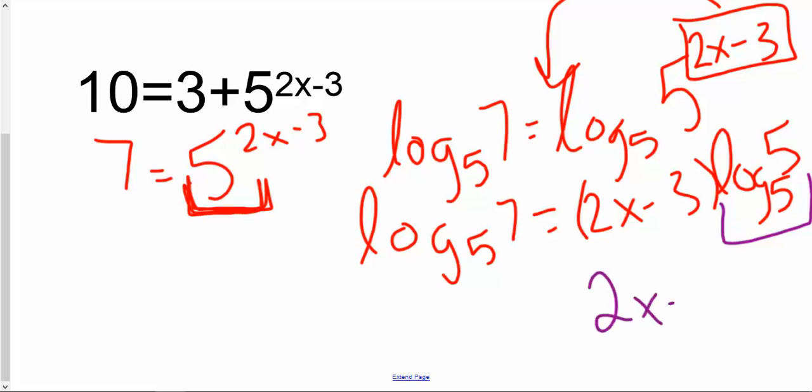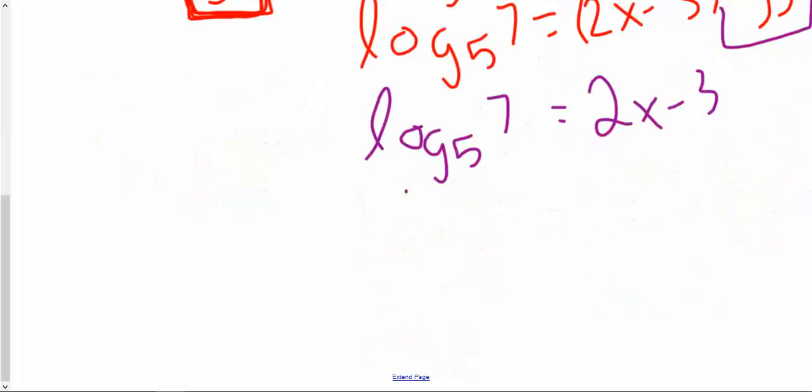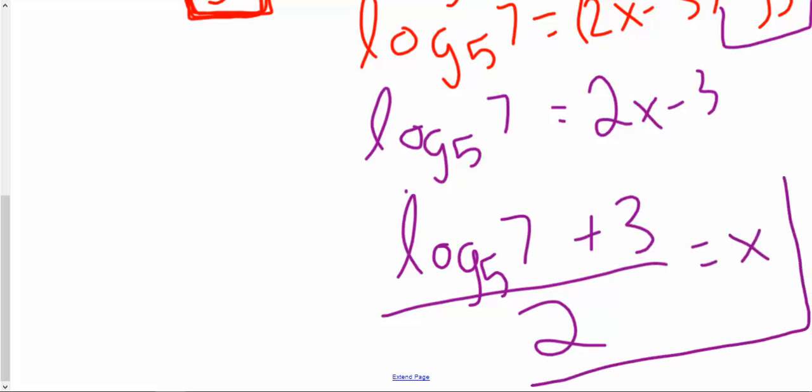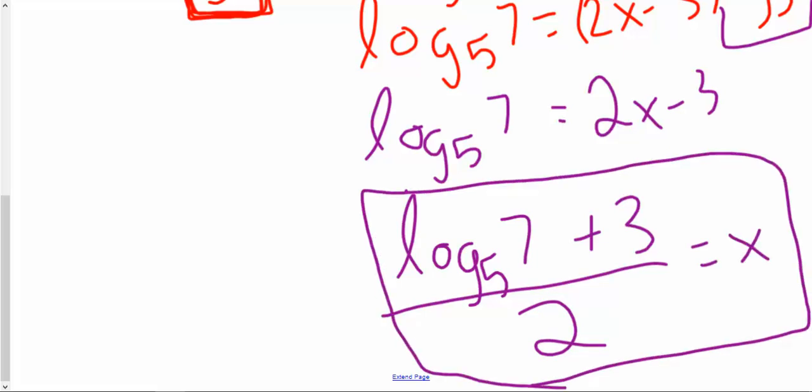So I get 2x minus 3 equals log base 5 of 7. So we just do a little bit of quick work. Let's add the 3 over, and then let's divide by 2. And this equals x. And again, if you want to do a decimal approximation, you can.